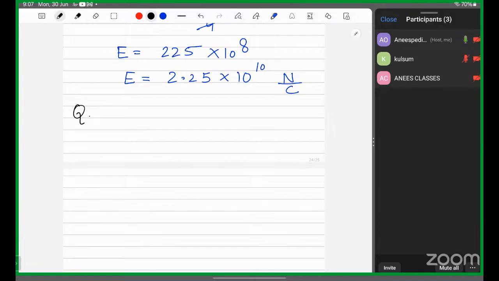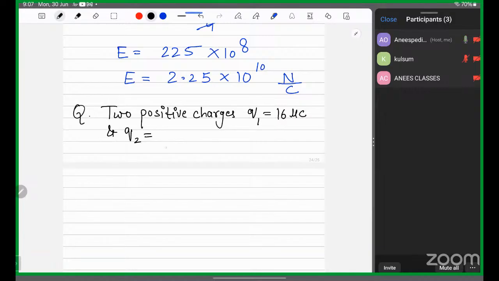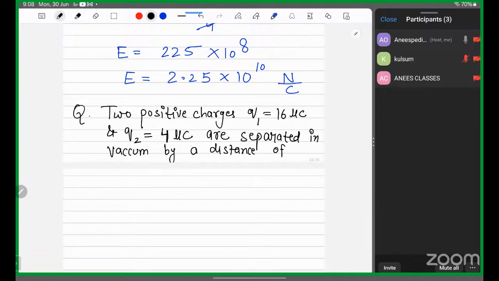Question: two positive charges Q1 and Q2 are separated in vacuum by a distance of 3 meter.